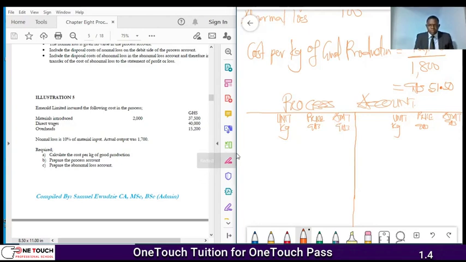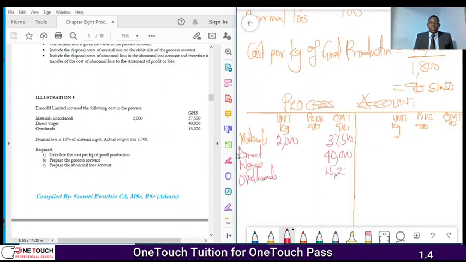Materials: we have 2,000 into the process at a cost of 37,500. We have direct wages of 40,000, and overheads of 15,200.